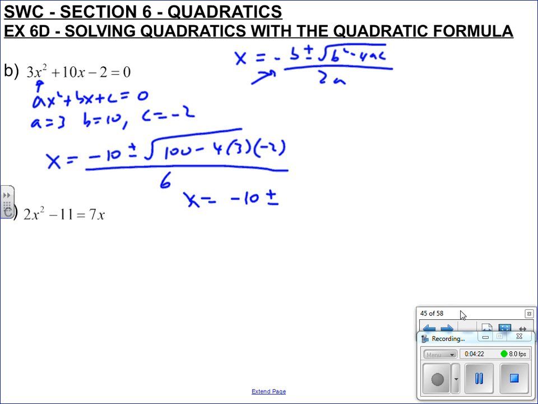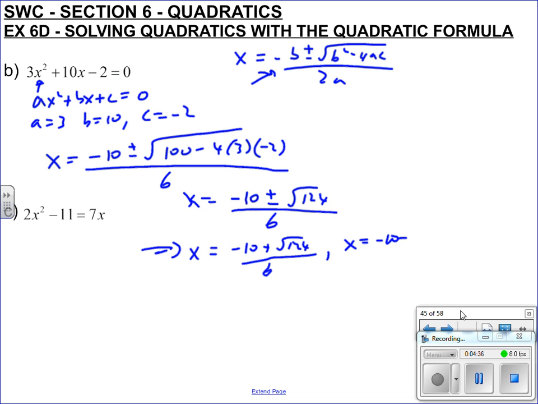So that's the square root of 124 all over 6. Okay, so split that up. x equals minus 10 plus the square root of 124 over 6, and x equals minus 10 minus the square root of 124 over 6, and both can be simplified, can't they? Okay, so what is the square root of 124? Just whack that in your calculator.